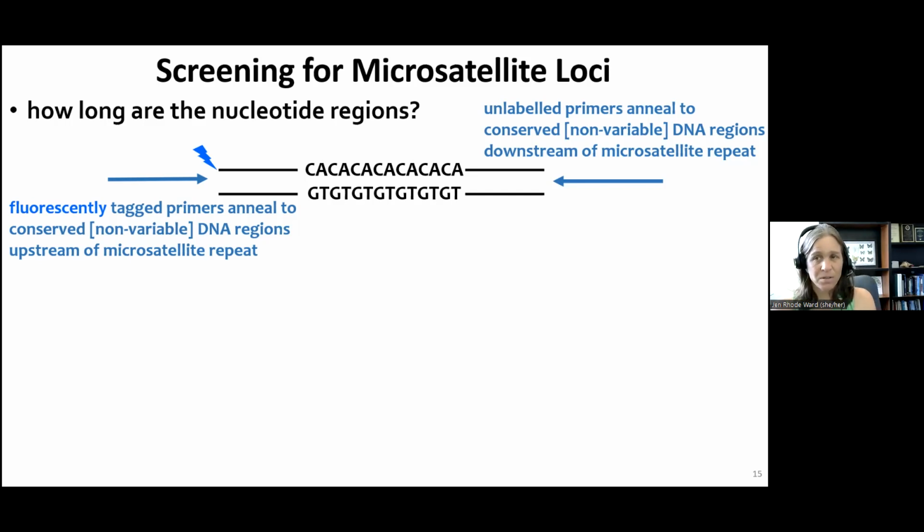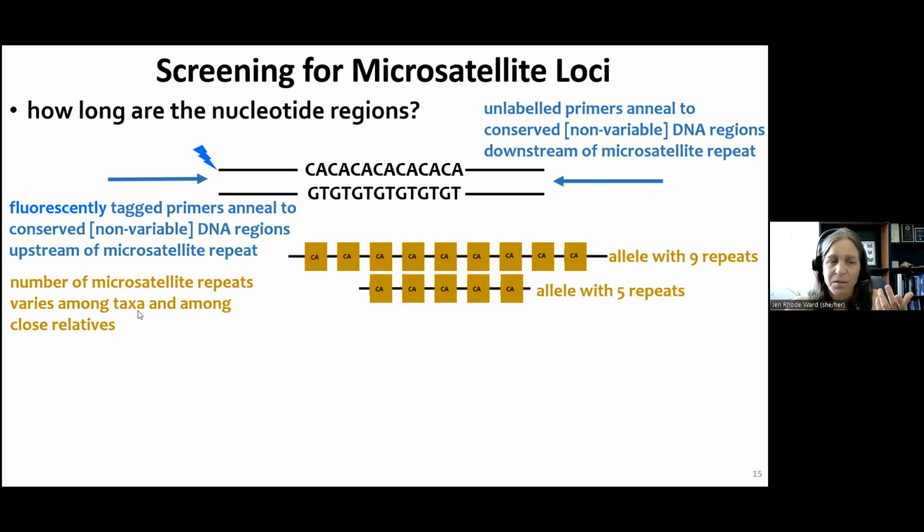Use the primers that I designed with the computer program that looked through the genome of that one sample plant and found the repeat region and found the DNA that was beside the repeat region. So we're going to stick little primers to either end of the microsatellite so that we can copy the in-between part. I add a fluorescent dye to one primer. One of the bookends has a fluorescent tag on it. So every time we copy that microsatellite it will have a fluorescent tag on one side.